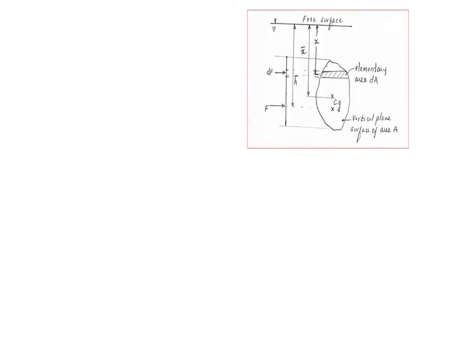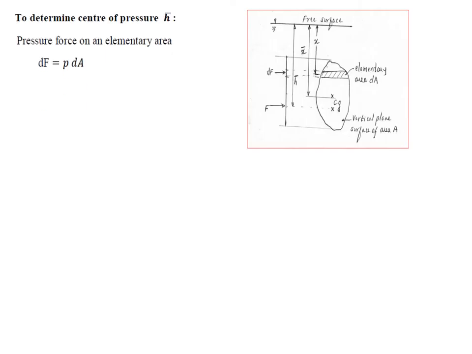Now again taking the same sketch. If you take an elementary area, the pressure intensity is omega into x. If you multiply by the area, you will get the pressure force on the elementary area dF. So the pressure force dF is p into dA, and because p is omega into x, it is omega x into dA.